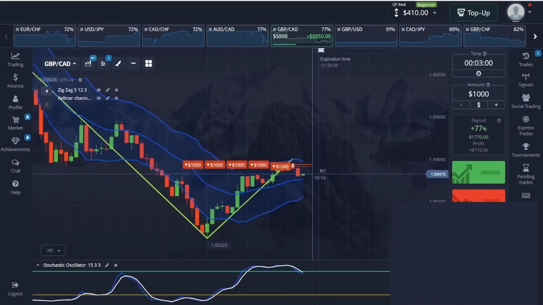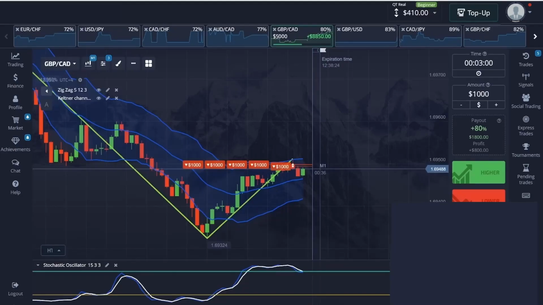And if they cross each other and have a downward direction, it means that they are starting to move towards a selling position. This is also a very good signal, so I think at this point, everything is going in a perfect way, and let's wait a little bit more and see how events unfold.